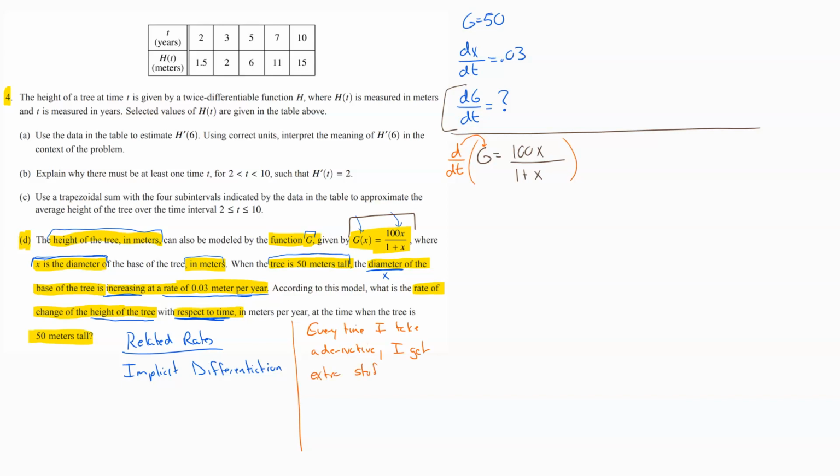And what that extra stuff is going to look like is, envision there being like a little box behind that d on top. I'm going to get this d, and then I'll fill that box in with whatever the letter is I took the derivative of, over dt. And we're doing all of this as a dt here, because it's with respect to time.